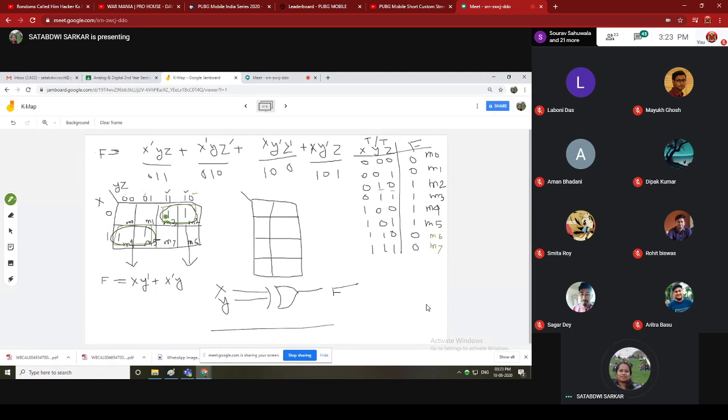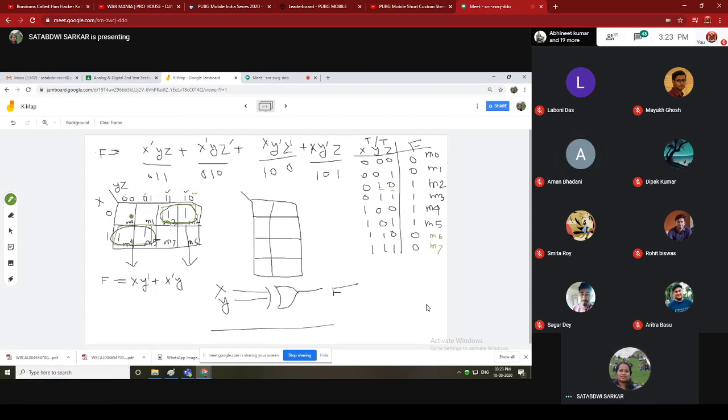See here, from these two cells, which value is not changing? We have to find out that value only. Y is not changing, and value of X is also not changing.